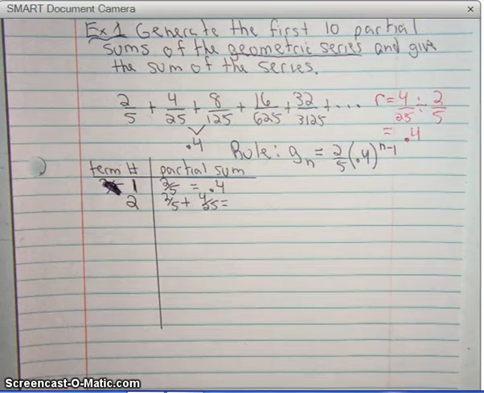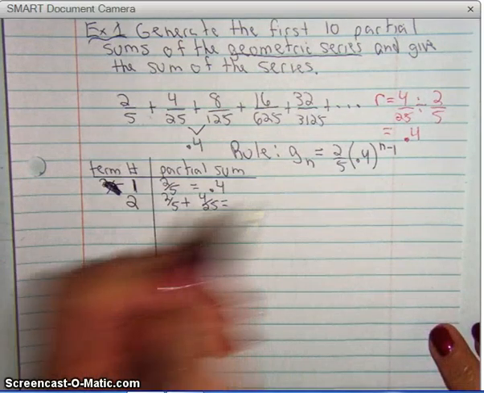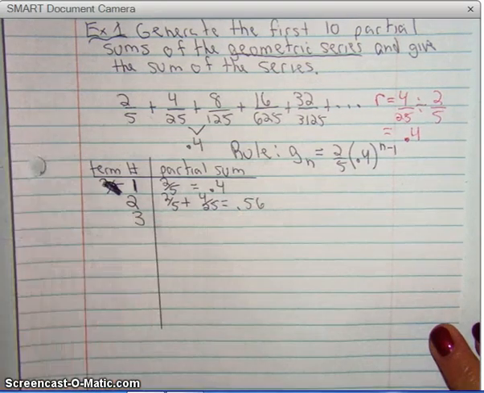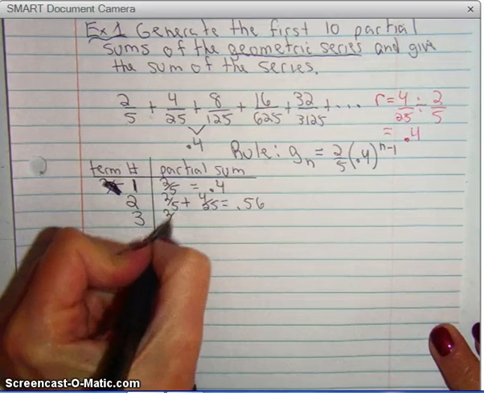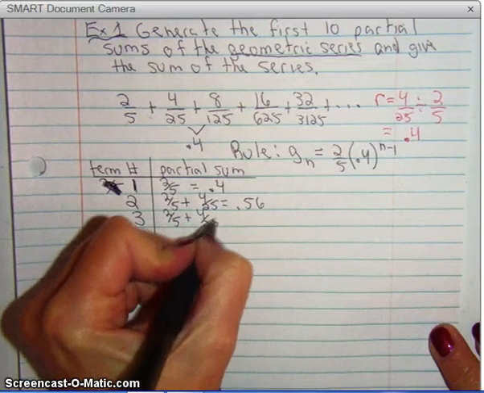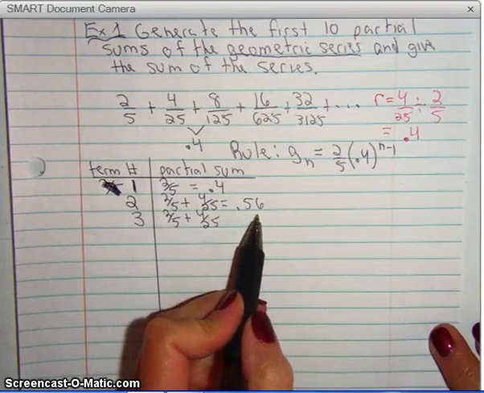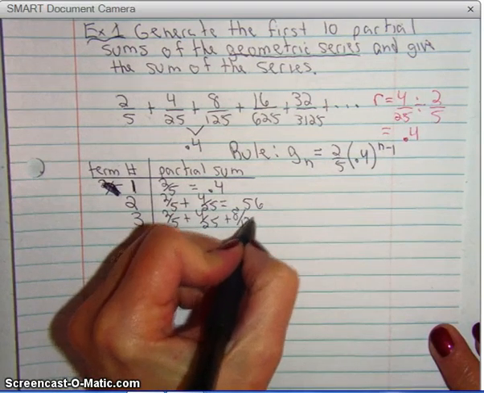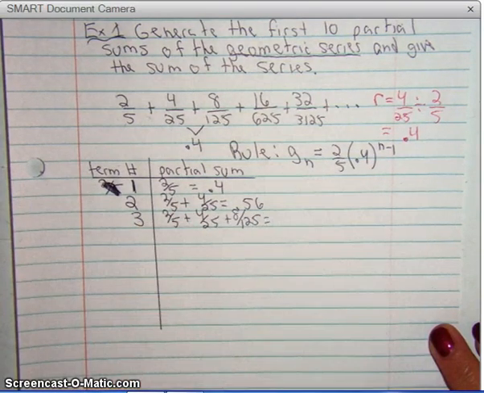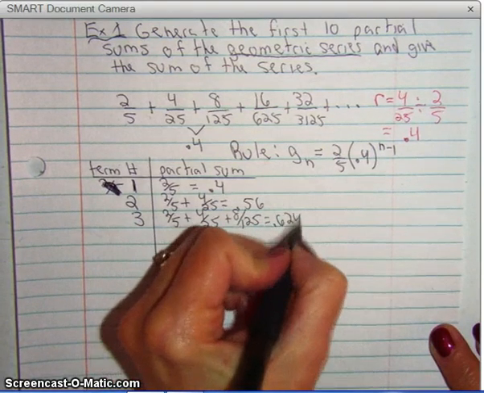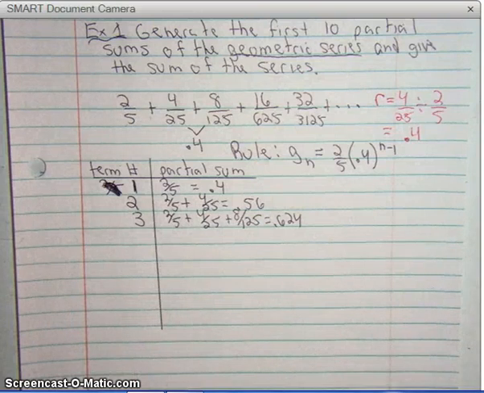What is that as a decimal? 0.56. The third partial sum is 0.56 plus 8 over 125, which is 0.624.